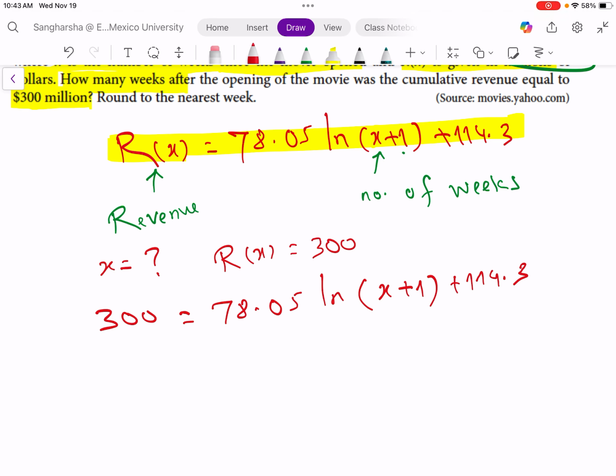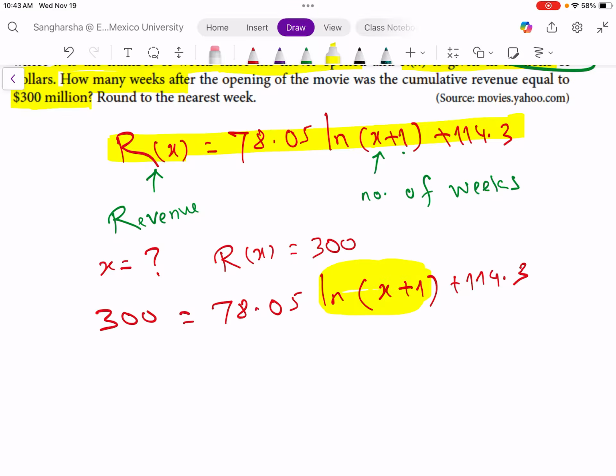This is a log equation because we have a log expression. So whenever you have a log expression, how do we solve this equation? We collect the log expression on one side, and everything else goes to the other side. So we have to have the log expression by itself on one side.